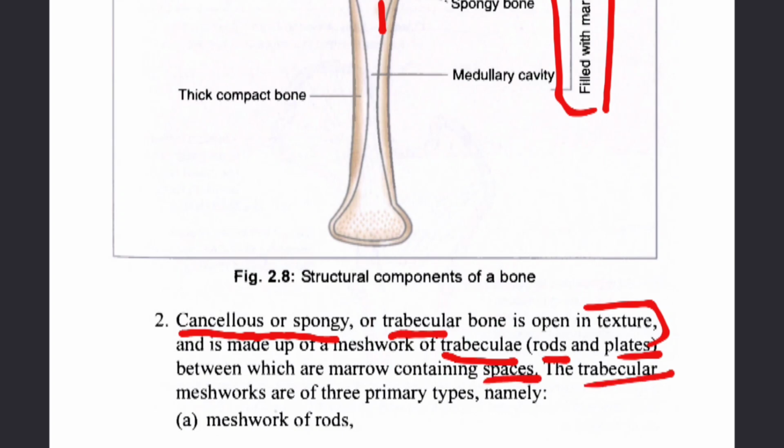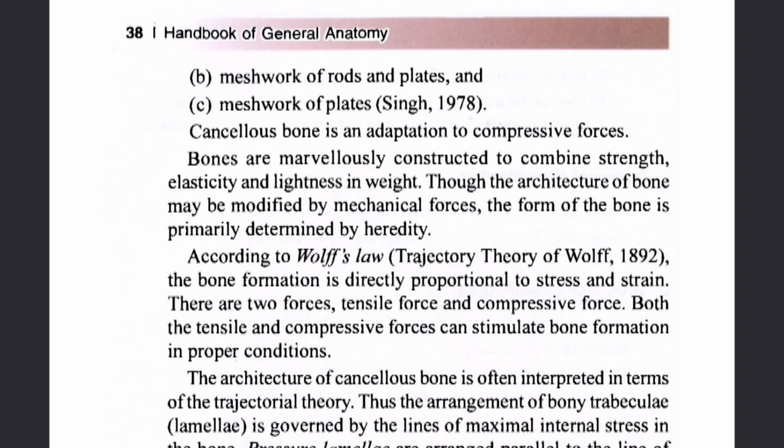The trabecular meshworks are of three primary types: meshwork of rods, meshwork of plates, and meshwork of rods and plates both. Cancellous bone is an adaptation to compressive forces. What we studied in compact bone is an adaptation to bending or twisting forces.